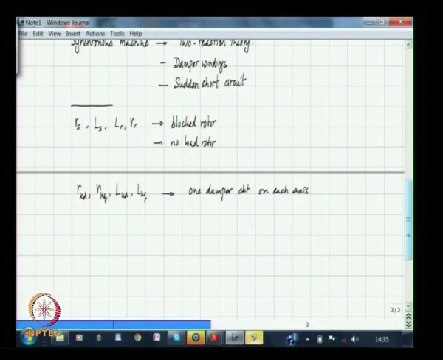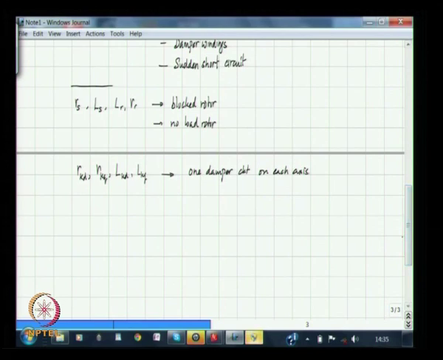So in the research literature, if one sees, people have looked at two circuits for the damper along each axis. It has been reported in the literature that this gives a more accurate behavior of the alternator when subjected to disturbances rather than the single circuit representation along each axis.